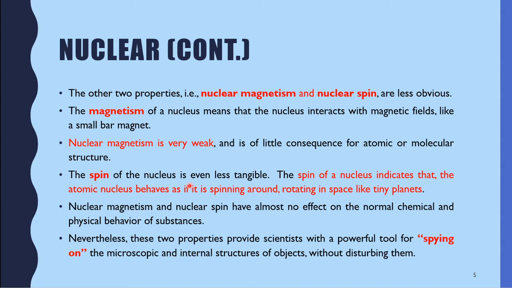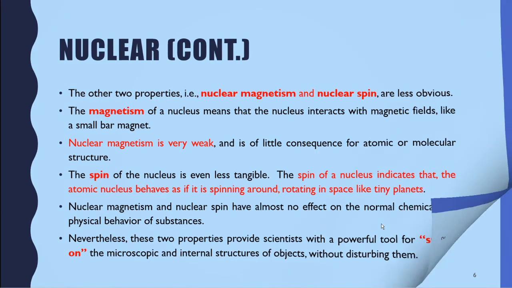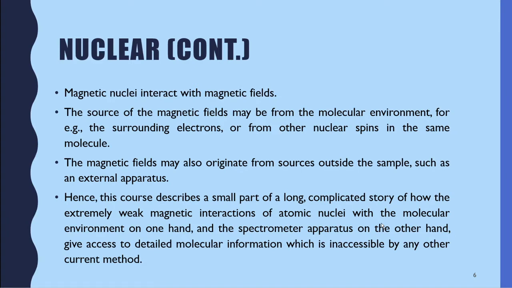It means that the nucleus is spinning around, rotating in space like tiny planets. It's really not an easy concept, but that's how we try to describe the spin. The combination of this magnetism and spin is the gist of what NMR is, and that makes it such a powerful spying tool to decipher the molecular environment.